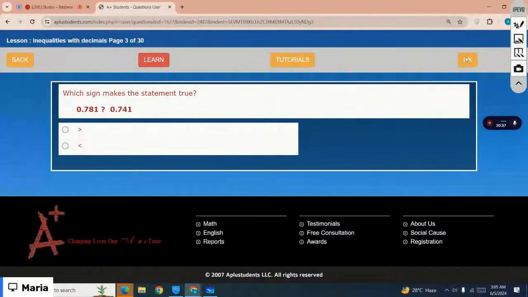Which sign makes the statement true? 0.781 and 0.741, which is the correct option? The correct option is, which is the correct option? Yes, greater it is. 0.781 is greater than 0.741.